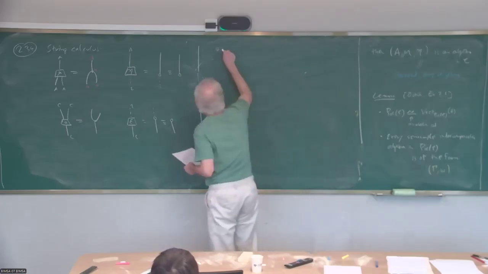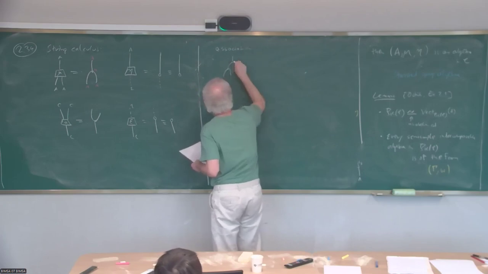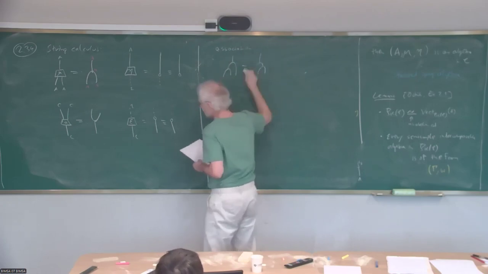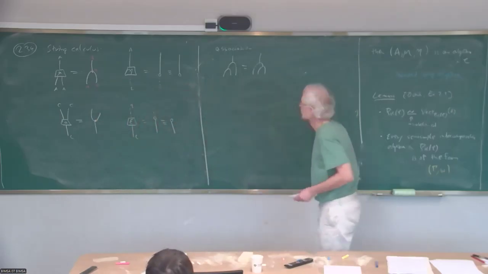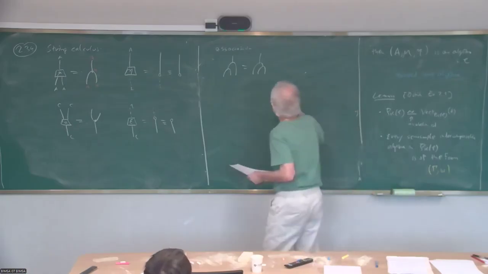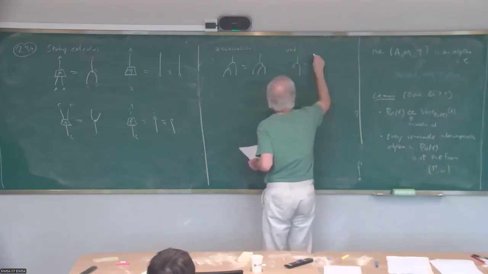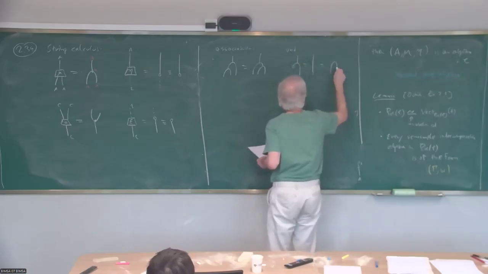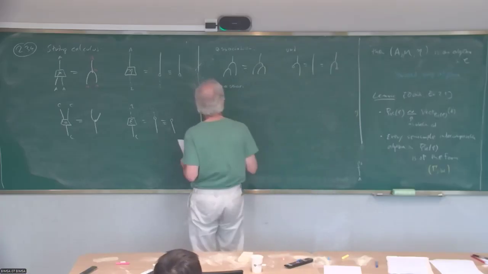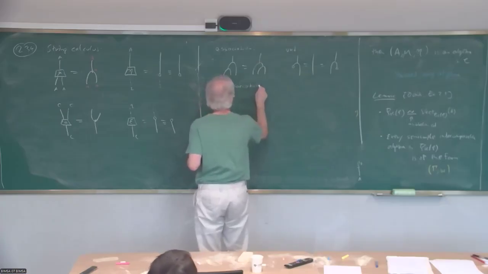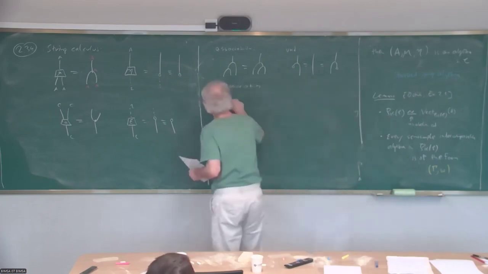If you now look at associativity, it just looks like this equation here, where whenever it's unambiguous, I leave out these blocks. The unit properties look like this. And analogously, co-associativity I just get by reflecting pictures vertically.